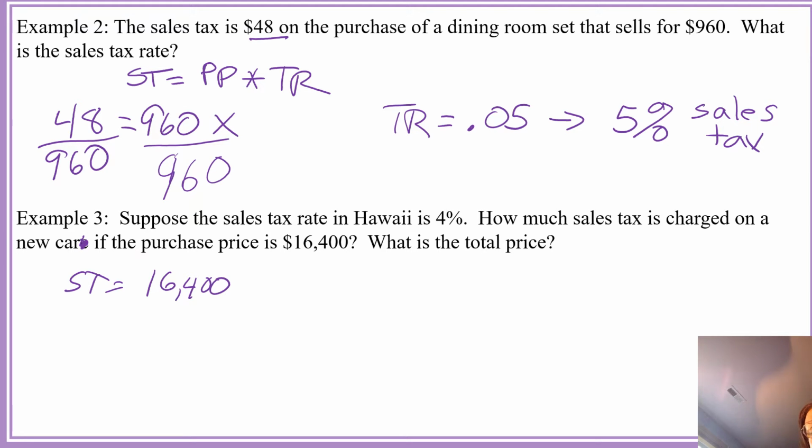The purchase price is $16,400 times that sales tax rate, which is 4%, so we use 0.04. Okay, 16,400 times 0.04, and we get $656.